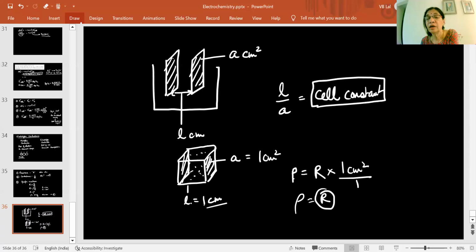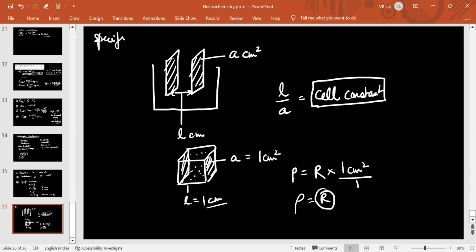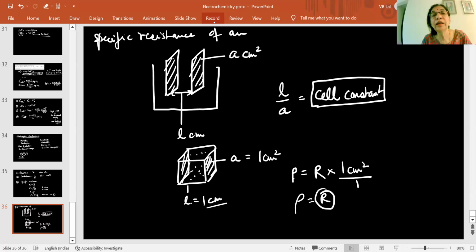That is the specific resistance of an electrolyte.